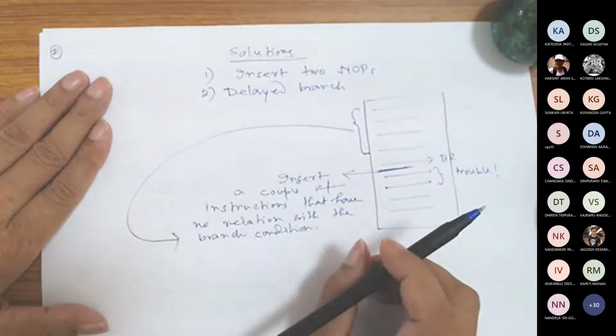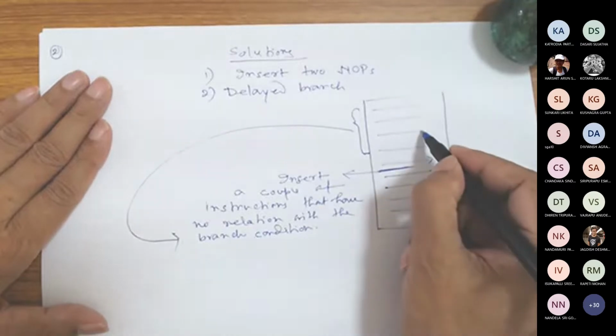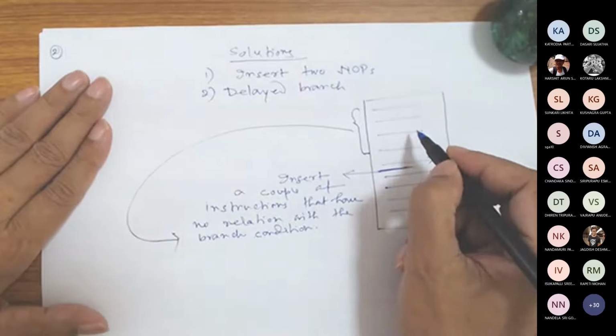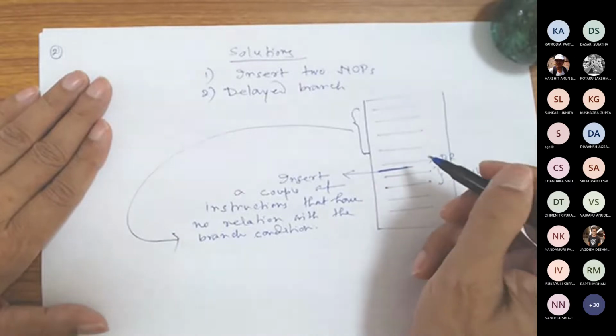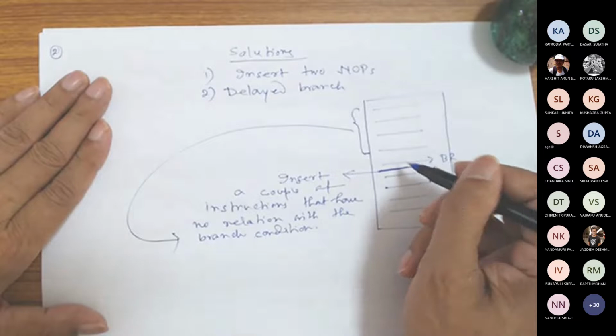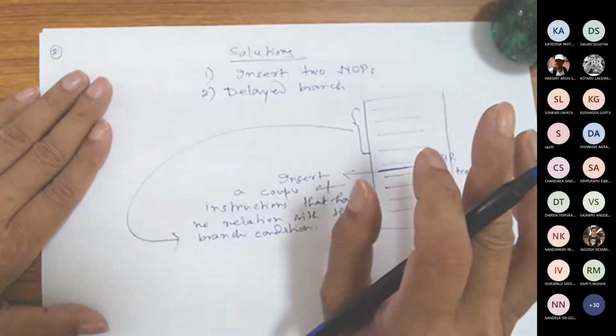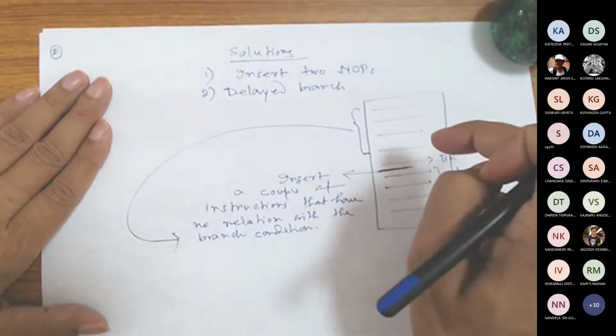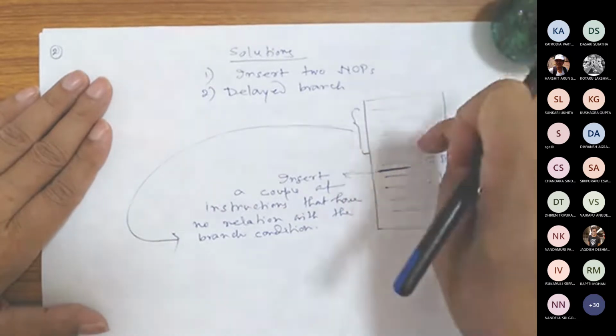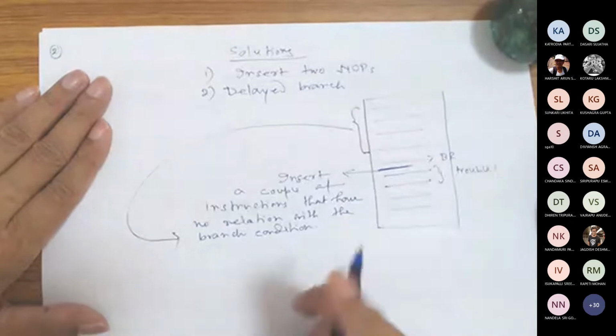So what we are suggesting is that if you are able to select a couple of instructions which are appearing prior to branch in the actual ordering, and you put those two instructions immediately after branch, what are you doing?